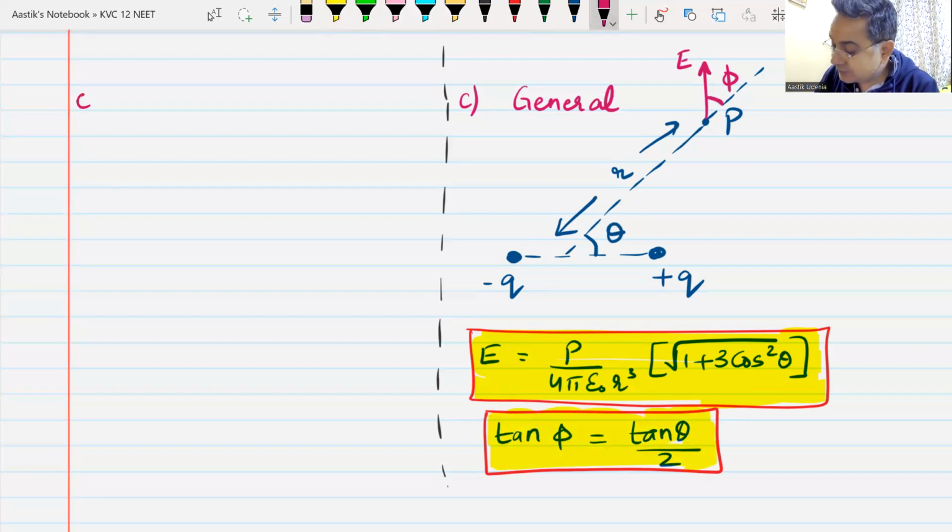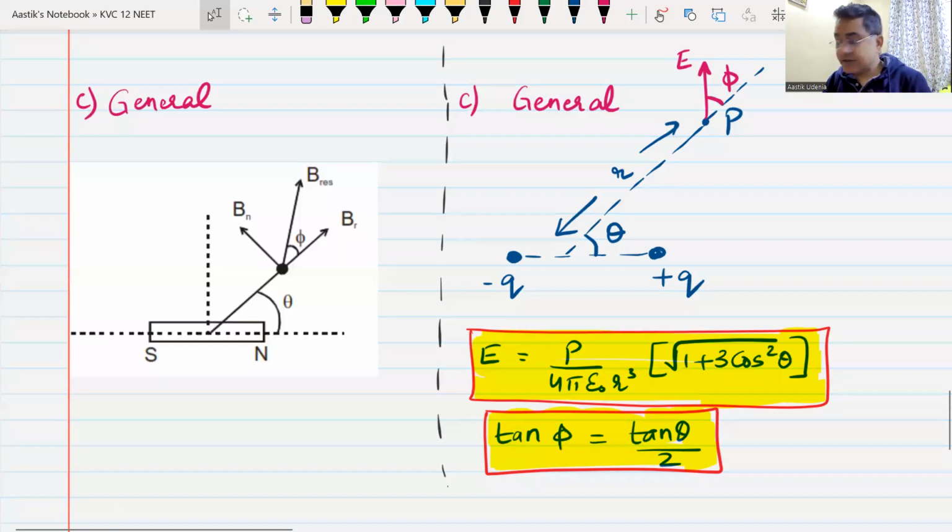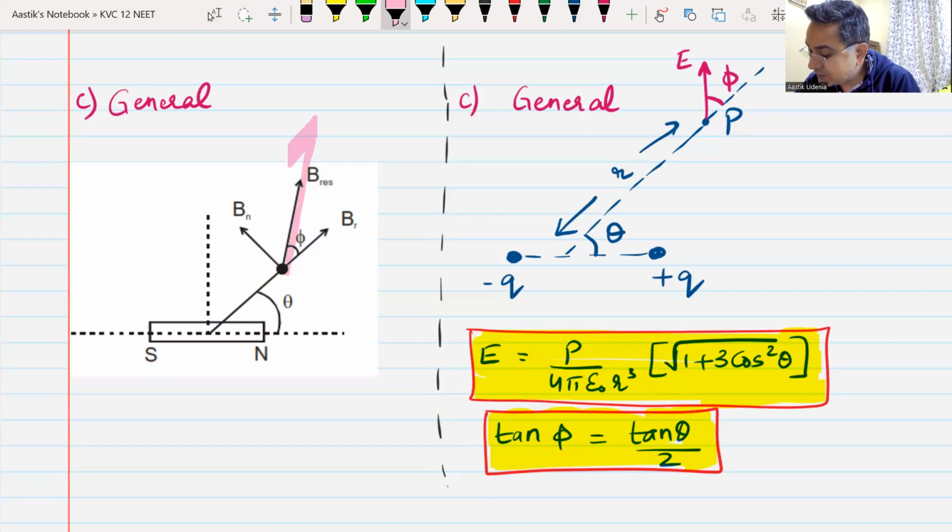You can make the result here also quickly. General point, and I will just paste the diagram here. This is the general point, and this is the direction of the net field B. It makes an angle phi.